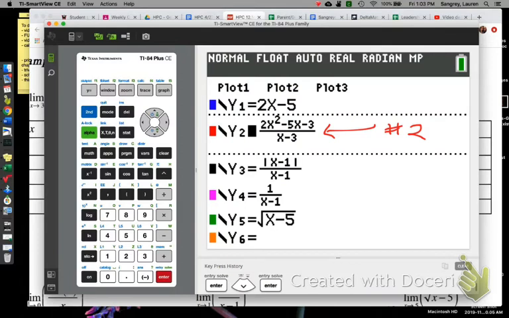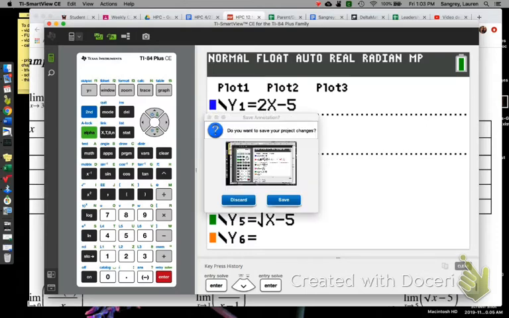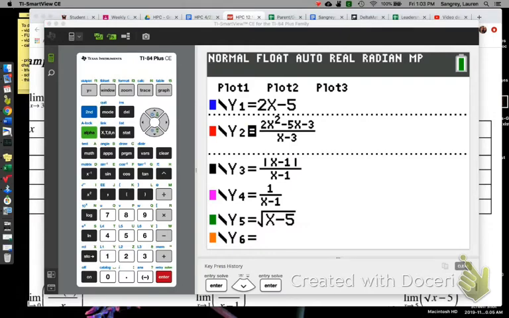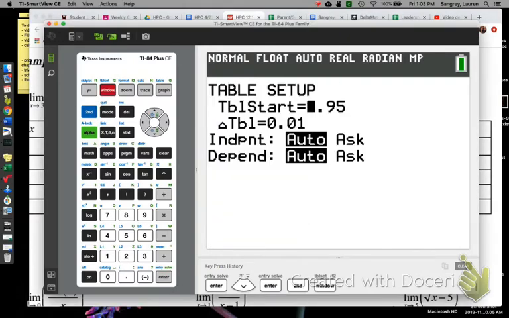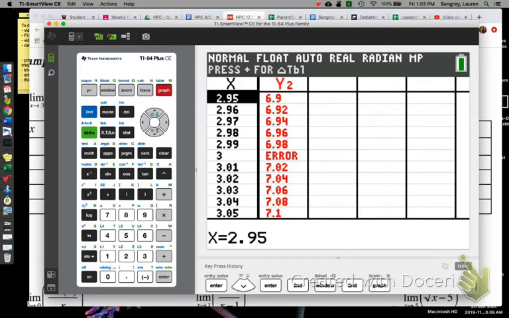Okay, now I'm going to look at example number 2. So you want to type that function into your calculator. I'm not going to change my table start at all because it's still at 3. We're still approaching 3. And here's what our table looks like for number 2.